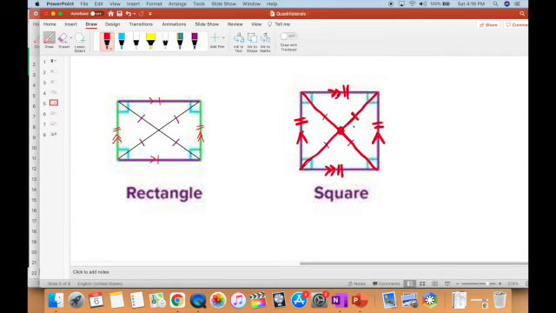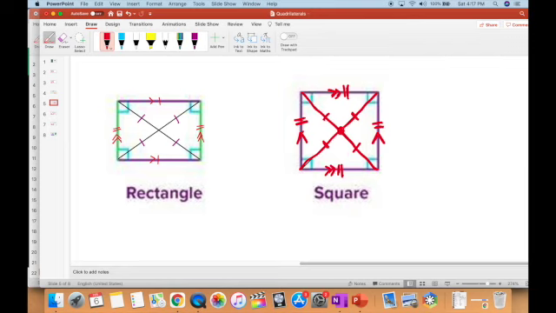And this side will be equal to this side. And this side will be equal to this side. And because we have a square, well, oh gosh, all 4 of them will be equal. All of them will be equal.